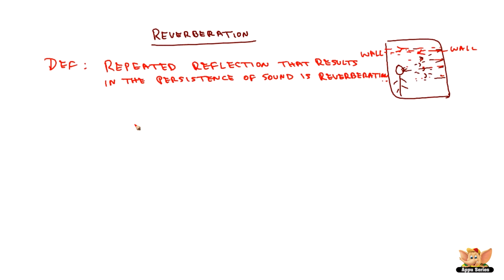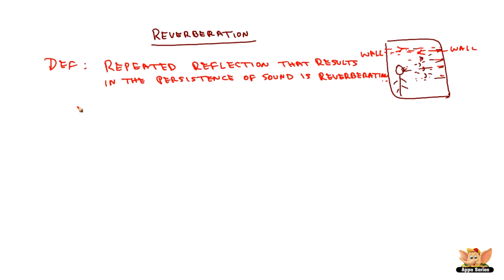See, this is the main reason why, if you look at auditoriums or concert halls, the roof and walls both are covered with sound absorbing materials. Otherwise, what happens? These repeated reflections are not desirable in a concert hall. Then the concerts become a mess.